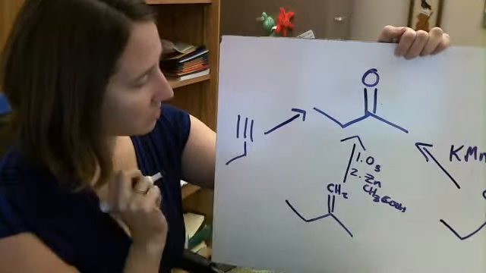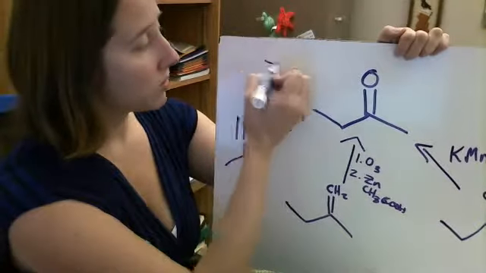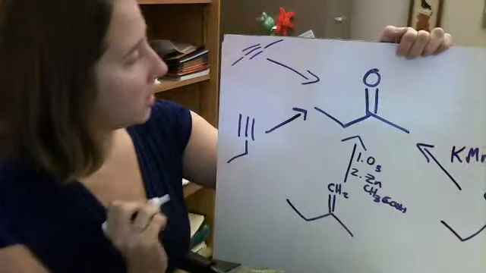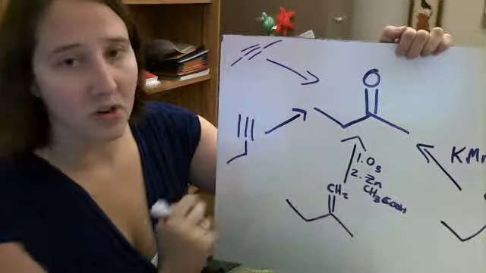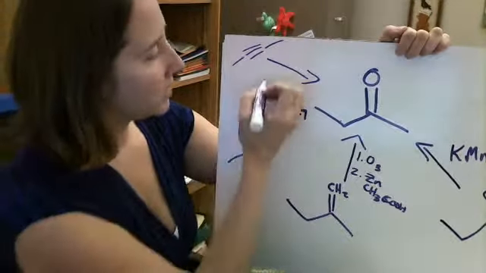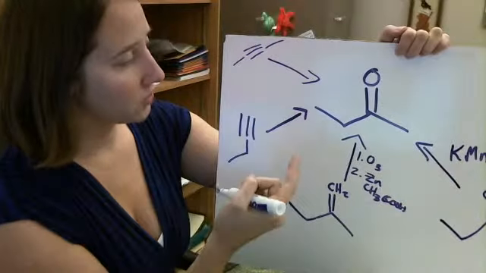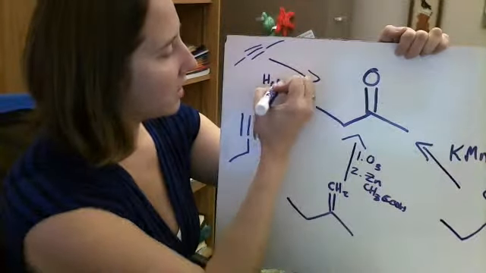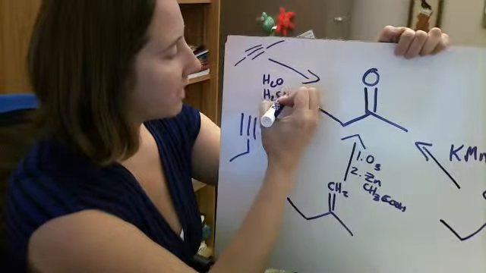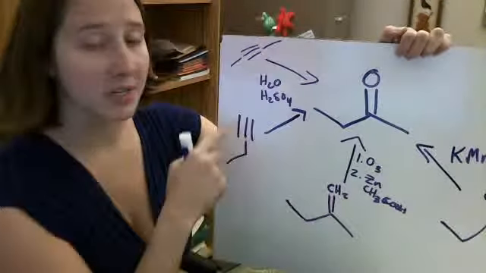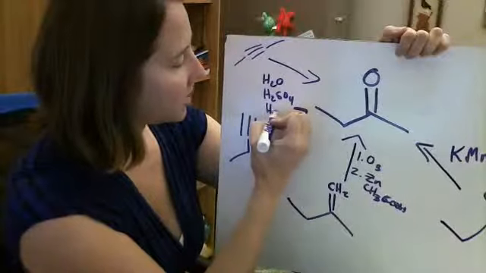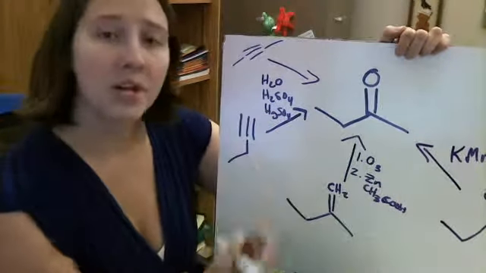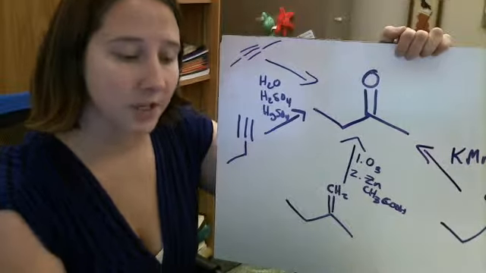So you could either use this triple bond or actually this triple bond because of the example that I've drawn here, both of which using the addition of H2O. So we need water, H2SO4, and remember, if you're doing this reaction in the presence of an alkyne, you would need HgSO4 as well. And then this would actually make the enol, which then would tautomerize to the keto version.